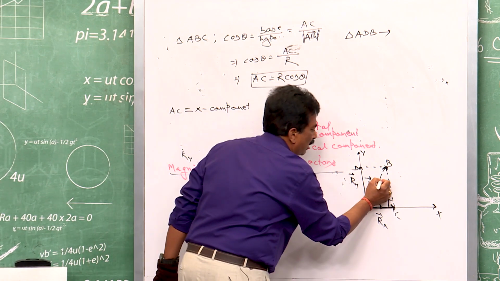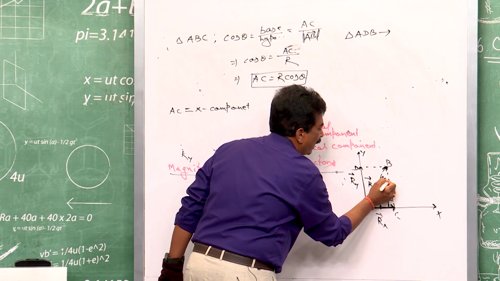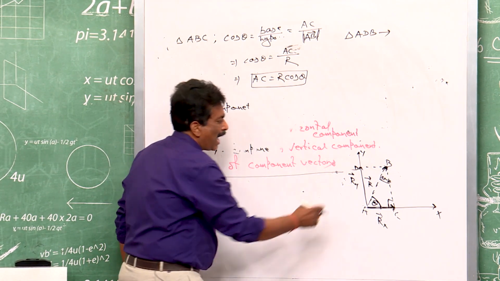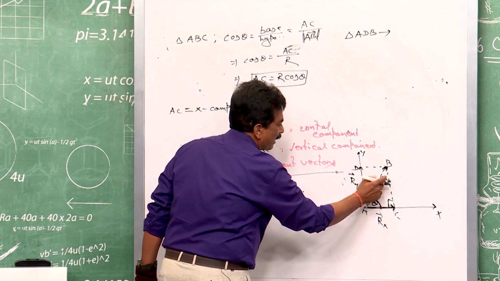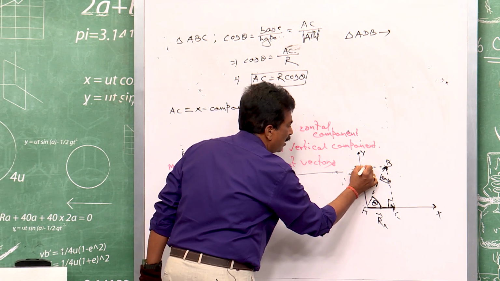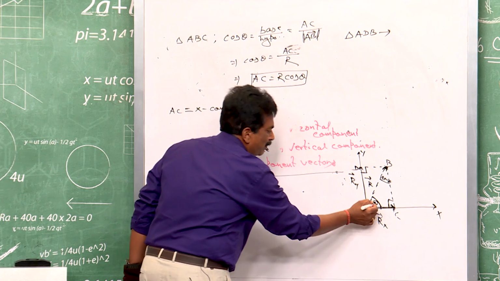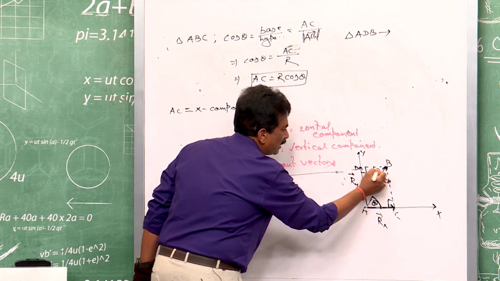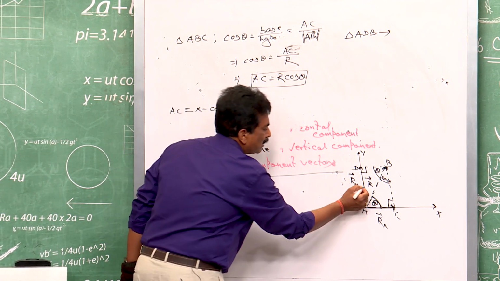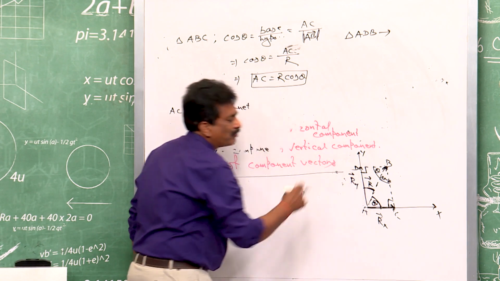So, this angle automatically will be 90 minus theta, and if this angle is theta, this angle is automatically theta, and this angle will be 90 minus theta.